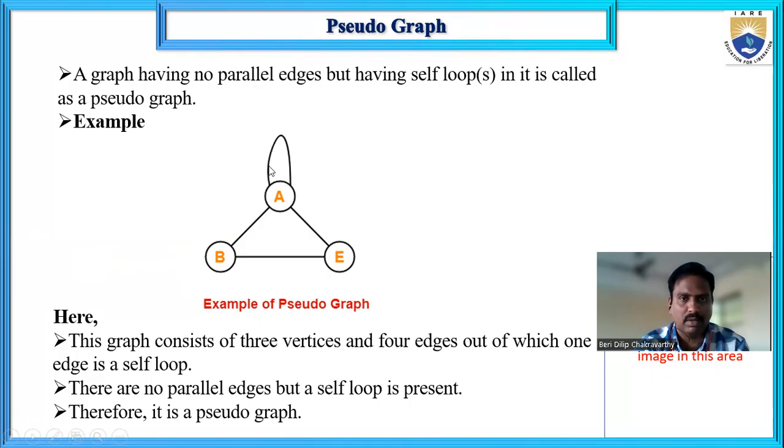This graph consists of three vertices and four edges, of which one edge is a self loop. There are no parallel edges, but a self loop is present. Therefore, it is a pseudo graph.